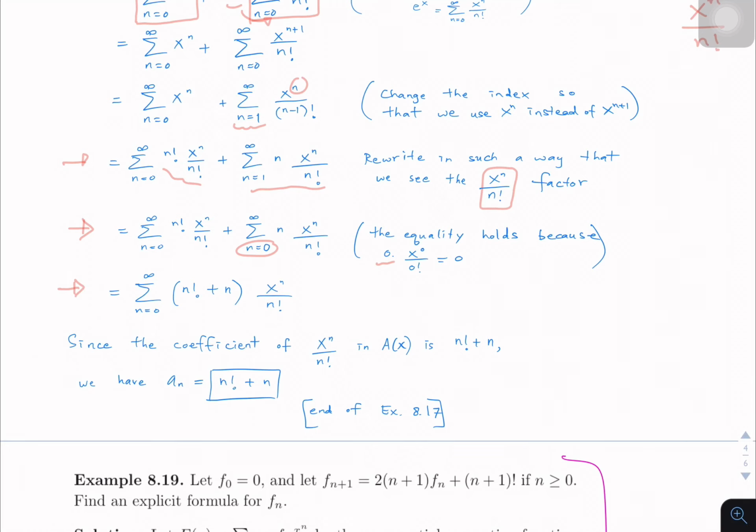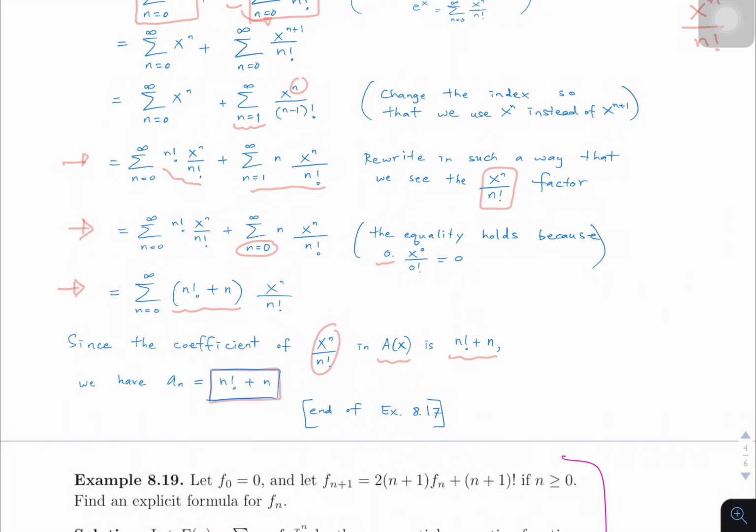So I have n factorial plus n times x to the n over n factorial. So since the coefficient of x to the n over n factorial in my capital A function is n factorial plus n, we have that the closed formula for the sequence must be n factorial plus n.